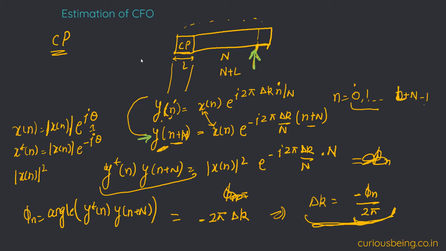Should I proceed if there are no more doubts? One more question: y of n is x of n into e power i 2 pi, and y of n plus N is e power minus i. Why is it like that?